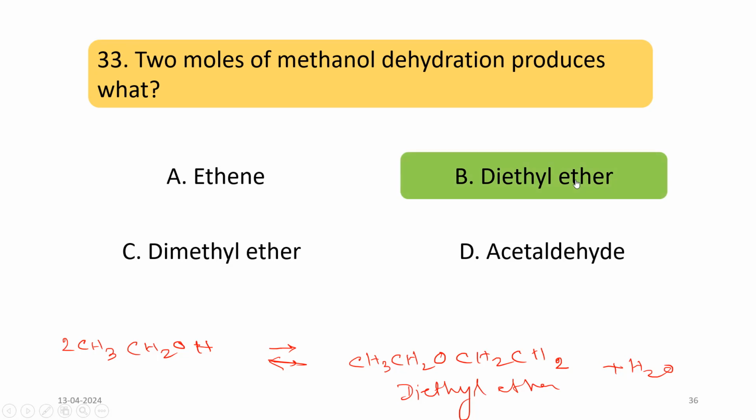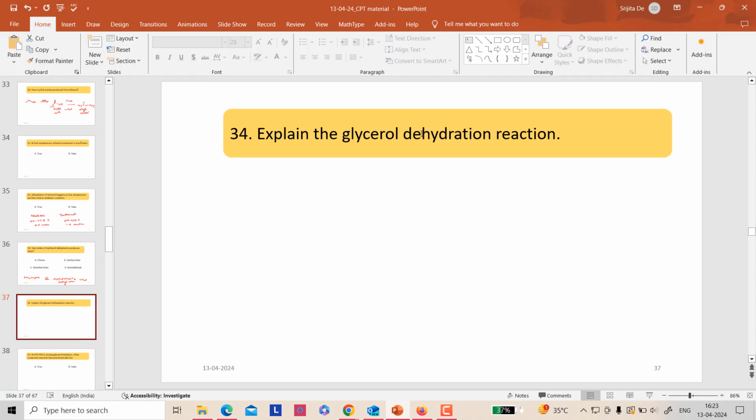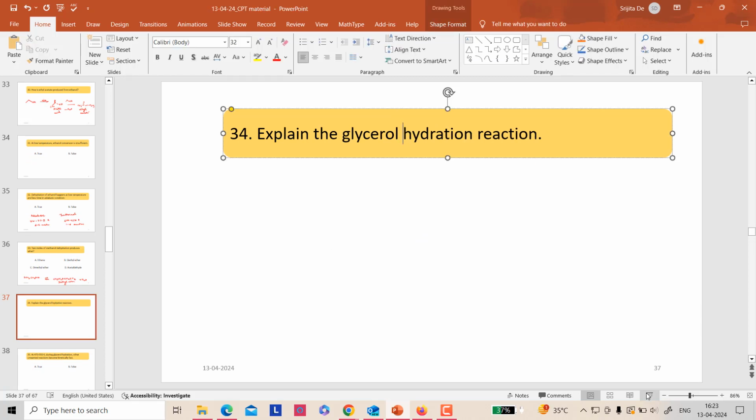Right? Next question. Explain the glycerol reforming reaction. This is not the dehydration, this is the hydrogen production.